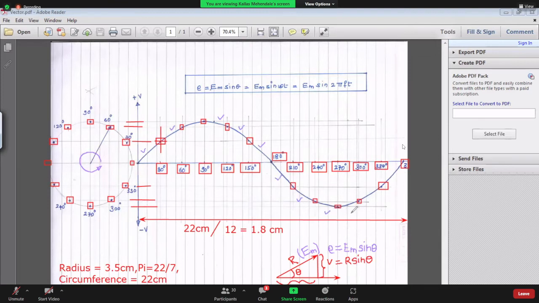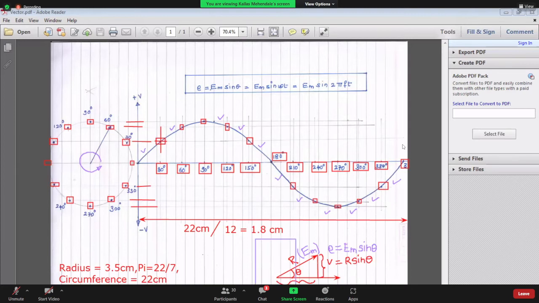So on a sampling basis, I have taken 12 points. You can take more points. The author, as I showed you, Theraja Volume 1, had taken only 6 points. I said there is no fun in it, no strength in it. So I said let us do it with 12 points, right? So this is the electrical significance of this vector.